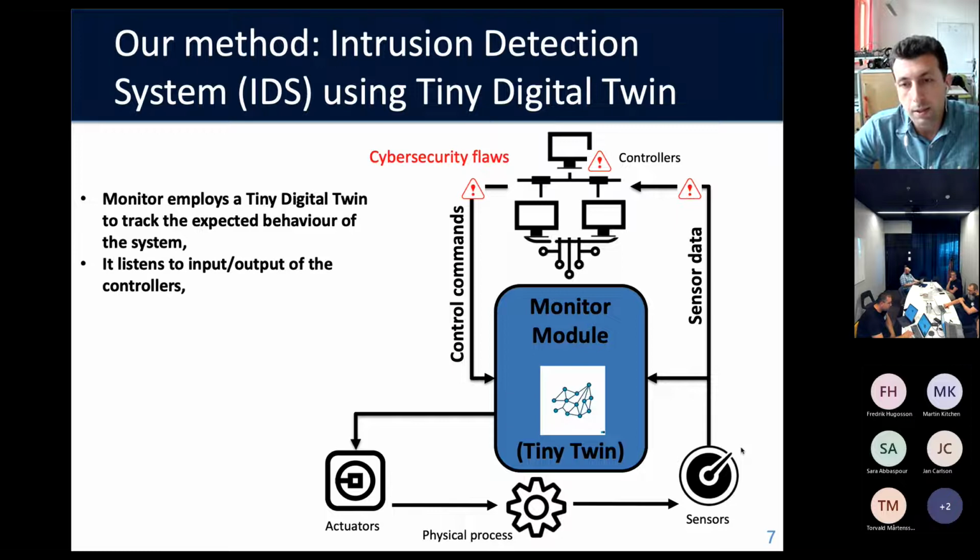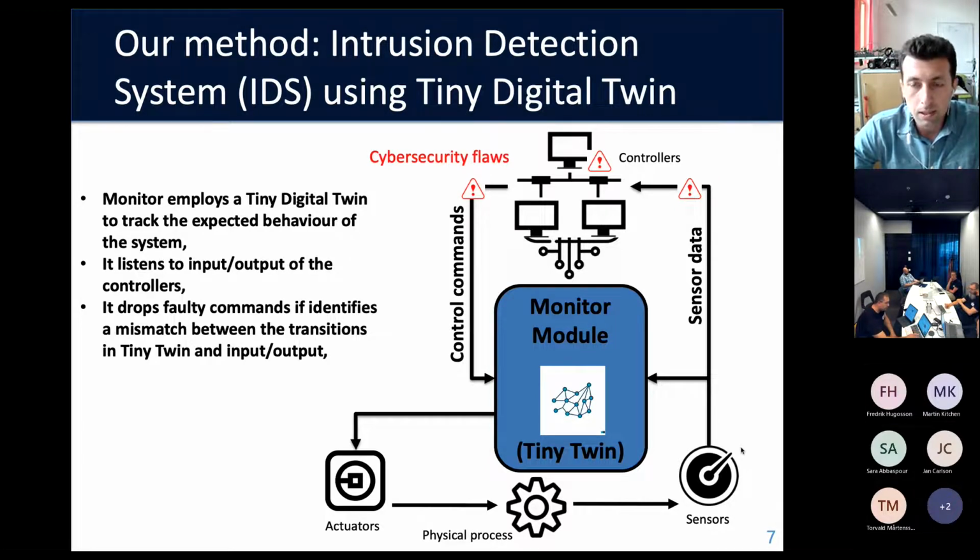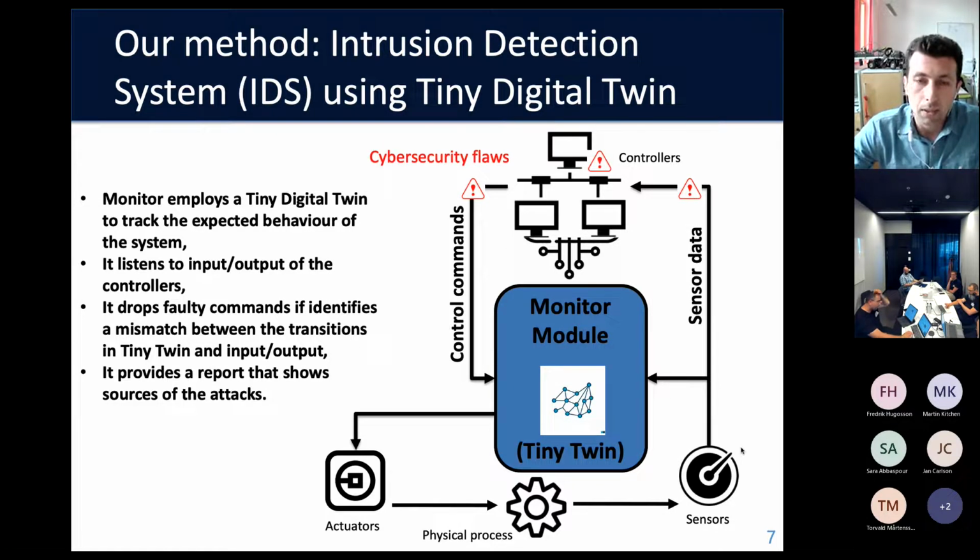If we observe that some packets are not following the behavior specified by the model, we consider those packets, the sent or received data, as malicious and consider them an attack. When this mismatch or inconsistency happens in the system, the monitor module provides reports that show what the different behavior in the system is and what the source of the attack is.